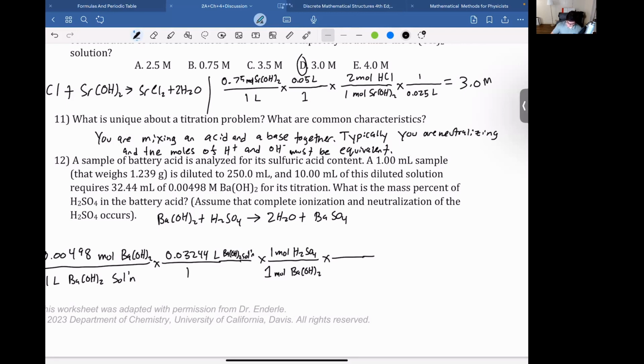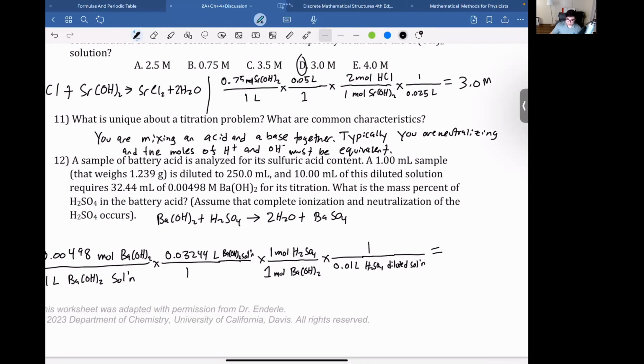We have 0.01 liters of the H2SO4 diluted solution over, or on top, whoa, under 1. So now we're working in moles of H2SO4 per liters of H2SO4.